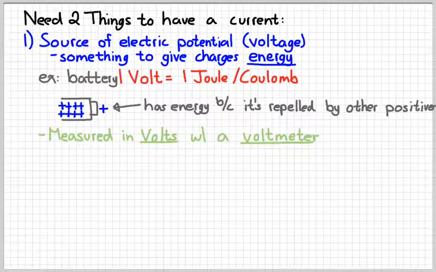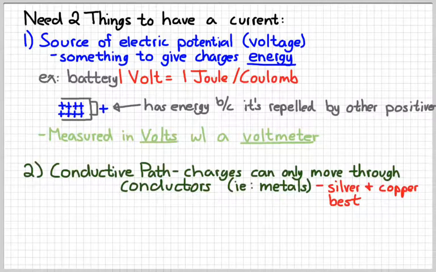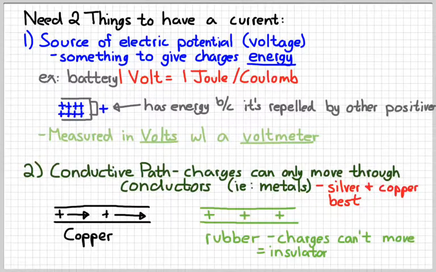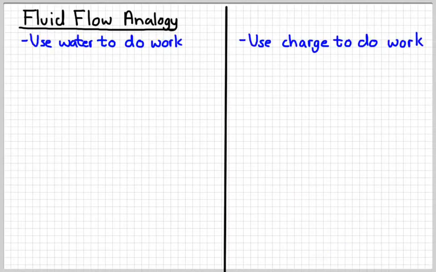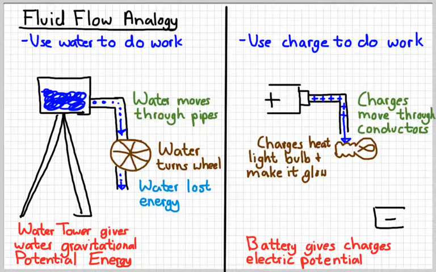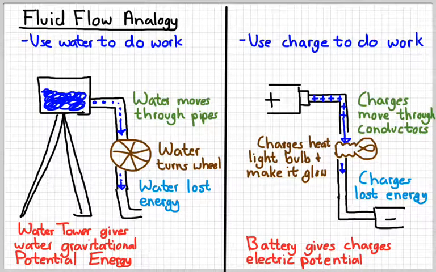We measure electric potential with a tool called a voltmeter, and a volt is simply a joule per coulomb. And we have to have some sort of path for them to move through. We kind of compared charges moving through wires with water moving through pipes. And so whenever you get confused about anything involving electric current, think back to that analogy.